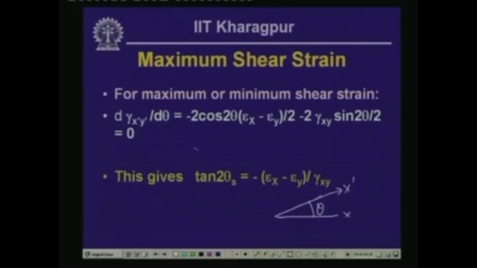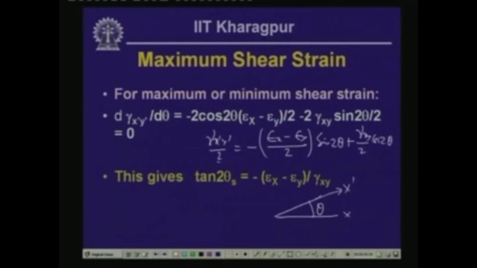Now, if we take the derivative, γx'y'/2 is equal to minus (εx − εy)/2 sin 2θ plus γxy/2 cos 2θ.